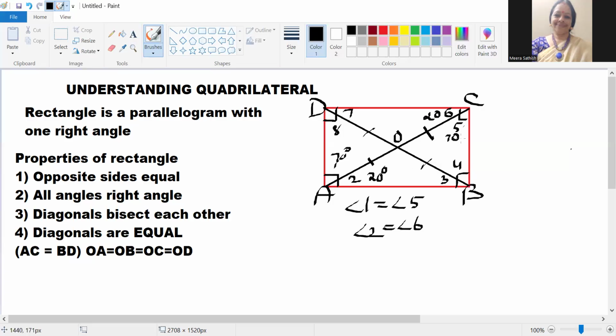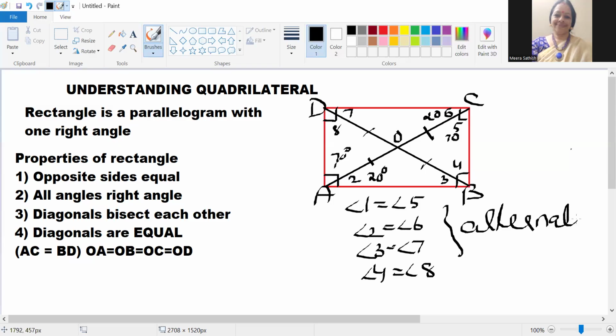Then other angles also. Here angle 3 is equal to what? Angle 7, and angle 4 equal to angle 8, because all are alternate angles. Suppose I told you when this is 20, then this is 70. So how can I find angle 3 and angle 4?